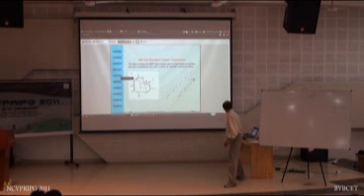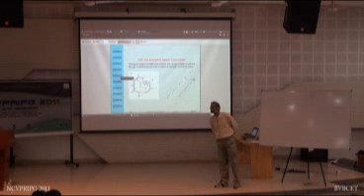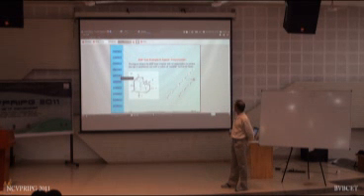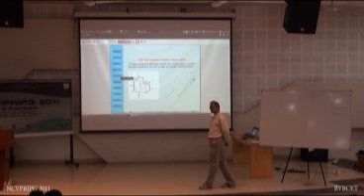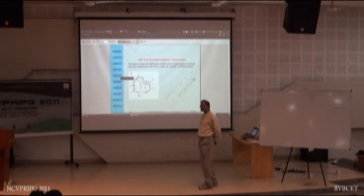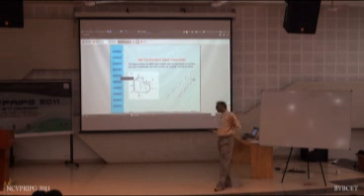I generate the BSP tree, which is pre-processed.